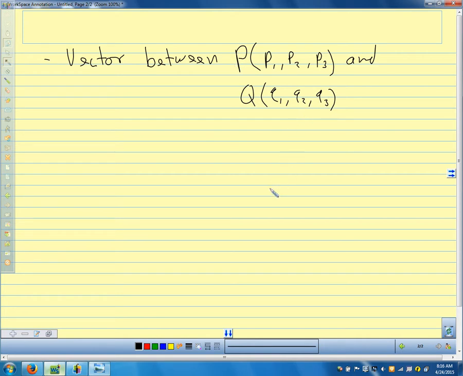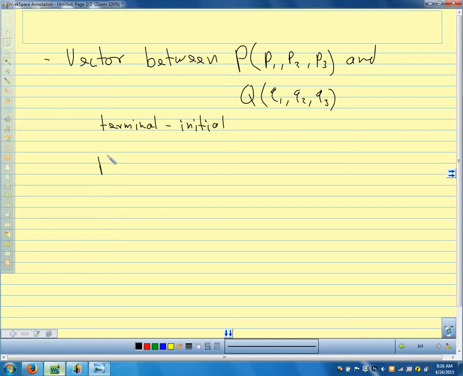To get the component form of this vector, do we remember what we did in 2 dimensions when we wanted a vector between 2 points? We had kind of a shorthand that we thought of. The way we thought of it was terminal minus initial.